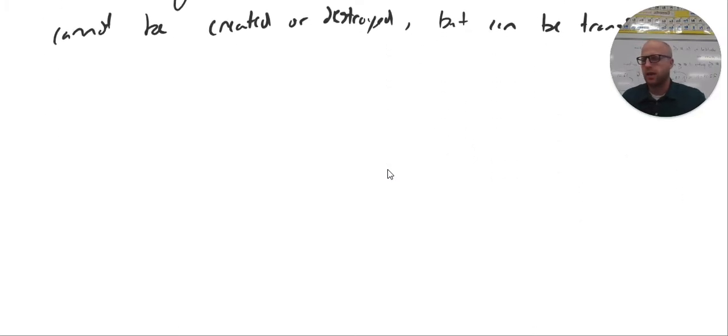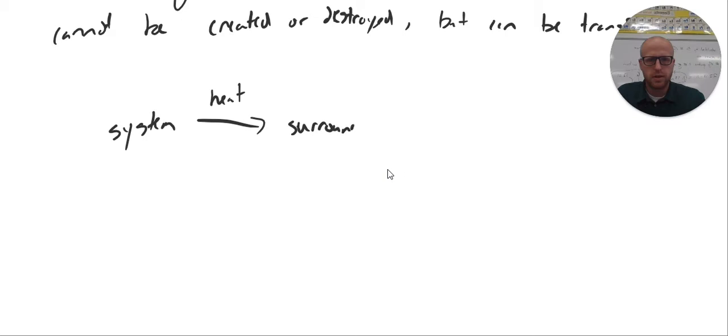So let's take a look at what that means. Let's say we have the system, and we're talking about energy, and since we're in thermodynamics, we're talking about heat. As heat leaves the system and goes to the surroundings, this would be called an exothermic process.